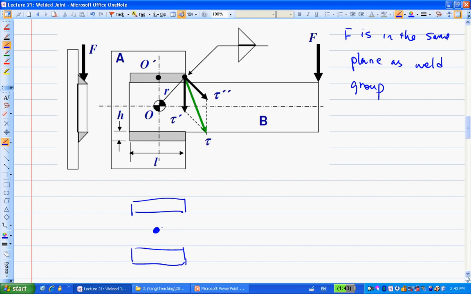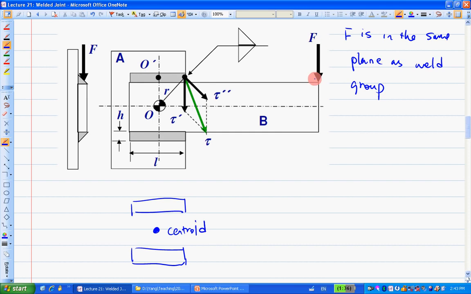This is the centroid of this weld group. Because this is symmetric, that's perfectly good, right? It's right here, so you can easily find that. You might have an asymmetric weld group, then the centroid will be in a slightly awkward position like this one, not like this. However, you will have a table to facilitate this calculation. Just remember, this is the centroid here.